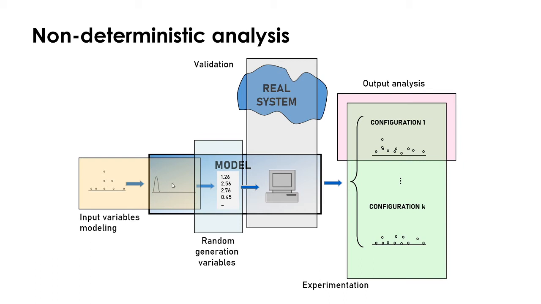Once you have that, you have, for example, the information that customers' inter-arrival times follow an exponential distribution of an average of 2 minutes. You need to generate values that are according to this expression. So you need to generate random variables, okay?